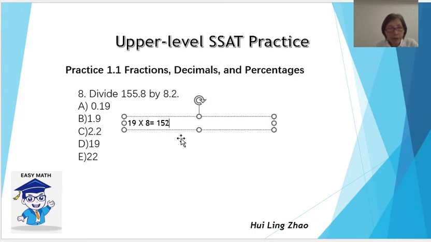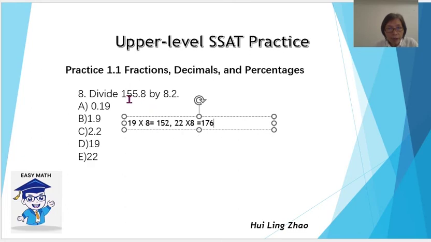And also, if we use 22 times 8, that is 176, right? So it's more than it. So we can compare the two.